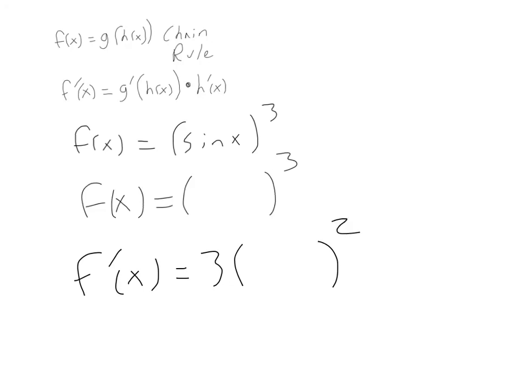The derivative of x cubed is just 3x squared, so the derivative of parentheses cubed is 3 times parentheses squared, and what's inside the parentheses is just sine x, unchanged. This is the derivative of the outside equation, but then I multiply by the derivative of the inside equation, the derivative of sine of x, which is cosine of x. And that's how you do chain rule.